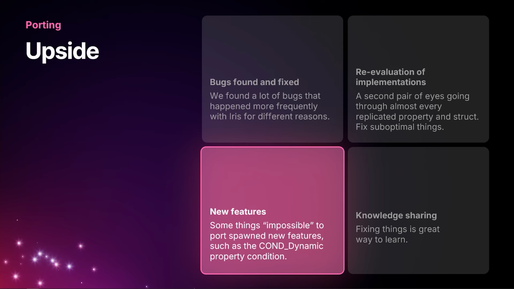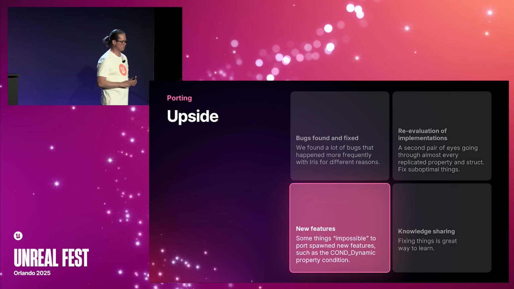The no object access thing could sometimes be a hurdle, but could also spawn a new feature like the new lifetime condition dynamic, which allows you to change the lifetime condition of a property at runtime. And that works for Iris and non-Iris.